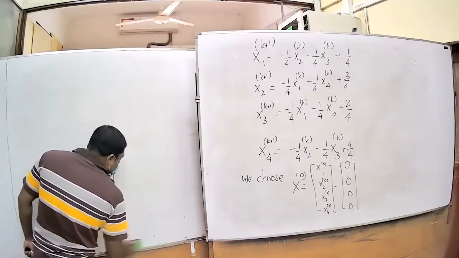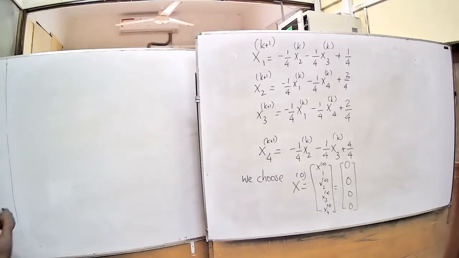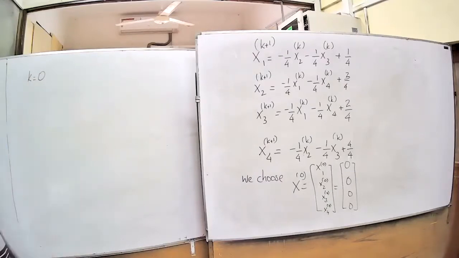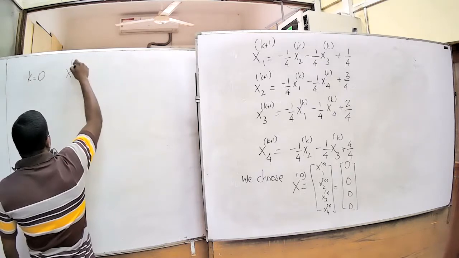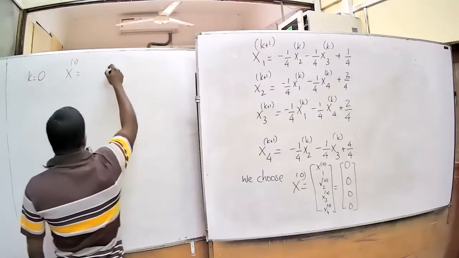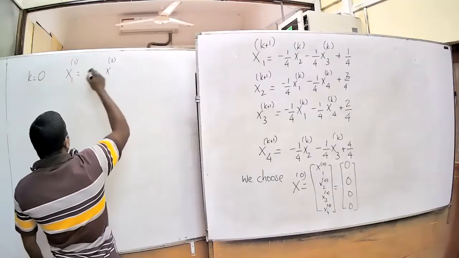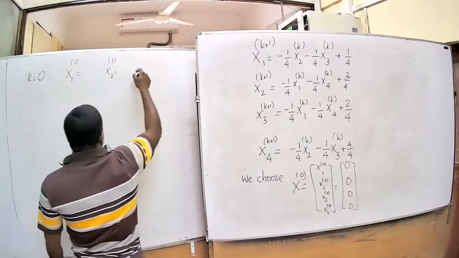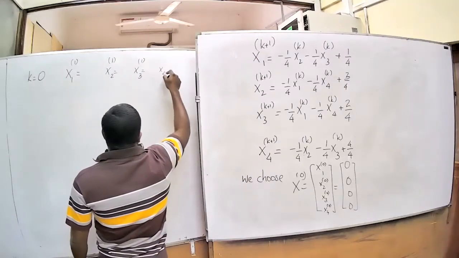In this equation, if you put k is equal to 0 on this set, you can get x1 1, x2 1, x3 1, x4 1.